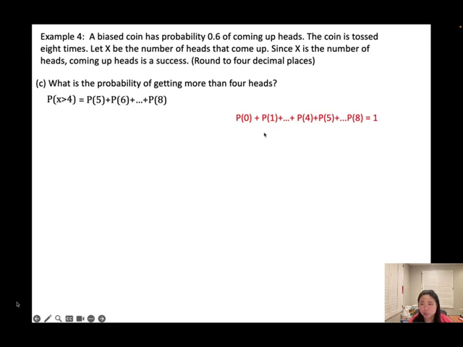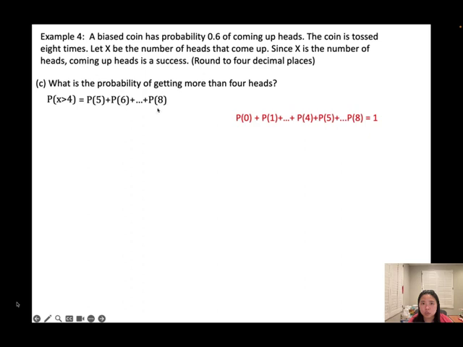That is from section 6.1, the discrete probability distribution. The sum of all probabilities has to be equal to 1. So if we add up P of 0, P of 1, P of 2 until P of 8, it has to be equal to 1.